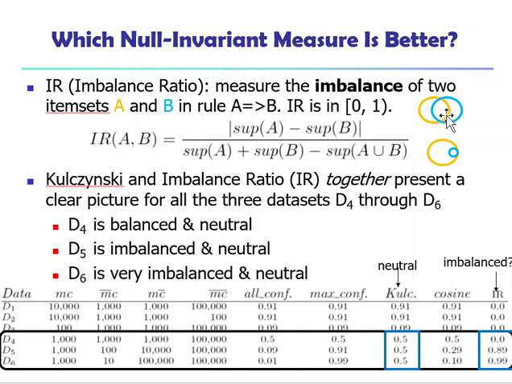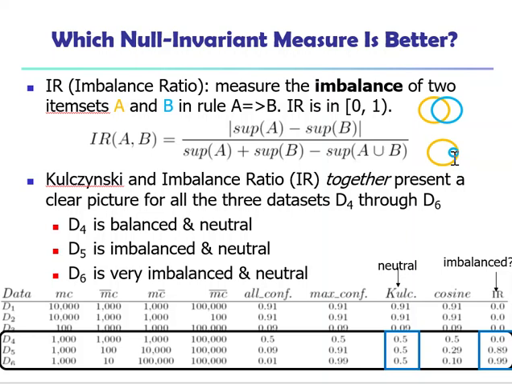So this is the situation where we have exactly the same support for A and B. No matter whether there's overlap or not, the numerator in this equation already determines that this rule is balanced when the support of A and the support of B are the same.